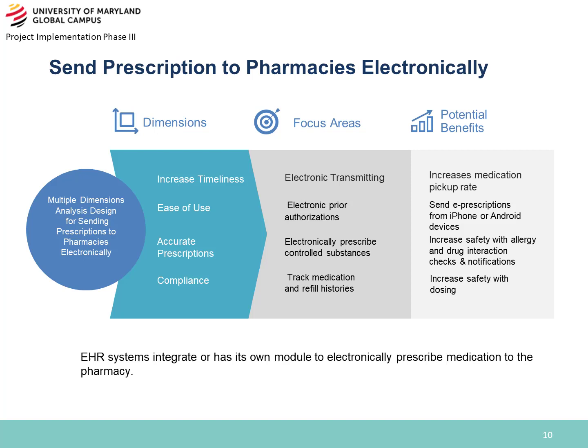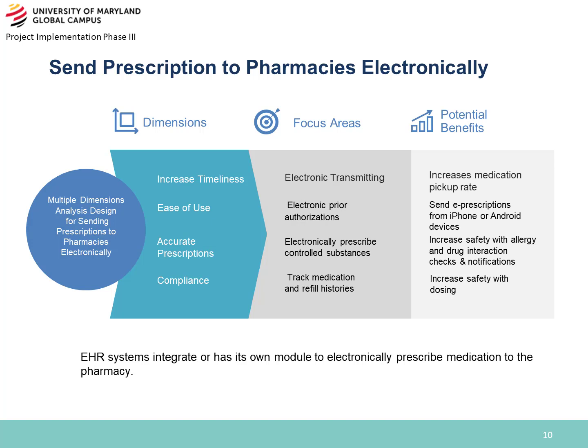The next area we want to look at is sending prescriptions to pharmacies electronically. What we want to talk about here is the different dimensions, the focus areas, and the potential benefits. As you can see here, we have multiple dimensions with the analysis design.